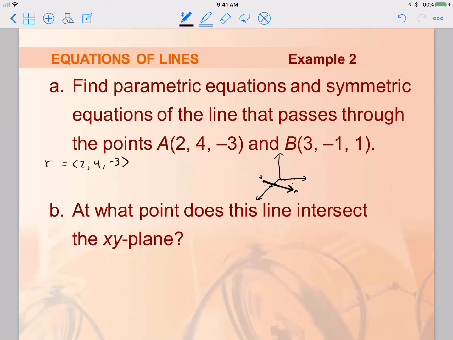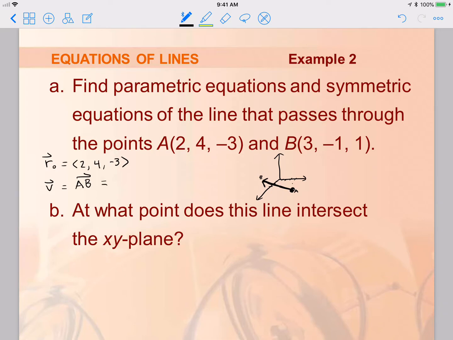This can be our r naught. And the direction vector can be the vector from A to B.